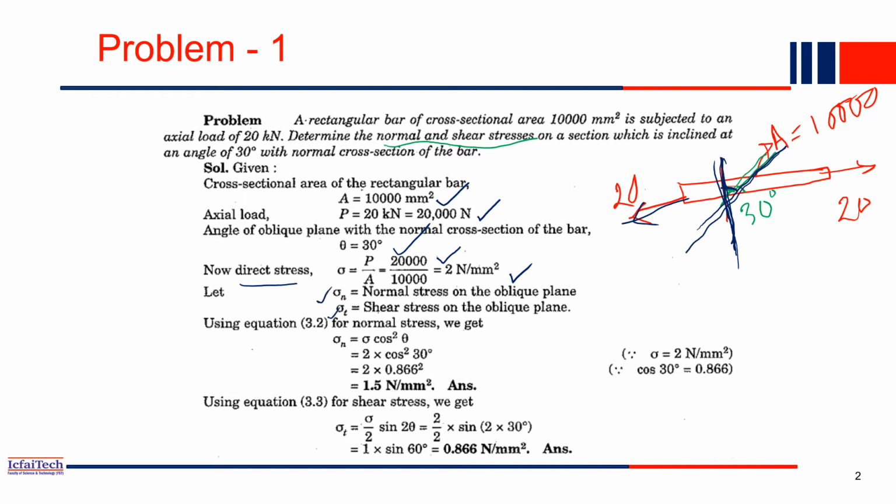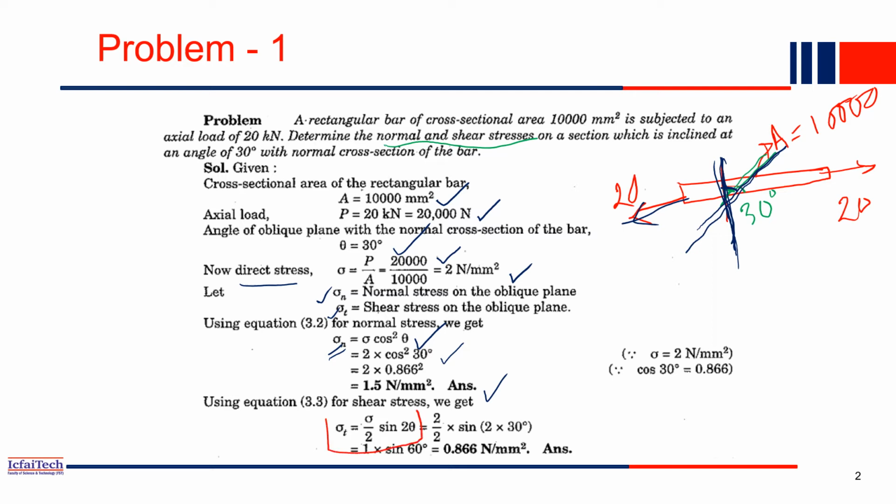Using the equations we discussed last class: the normal stress in this plane was sigma cos square theta. We derived that equation last class. Just substitute the value: sigma is 2, into cos square theta, where theta is 30 degrees, and you will get the value of sigma n. Similarly, for shear stress we derived an equation last class for sigma t.